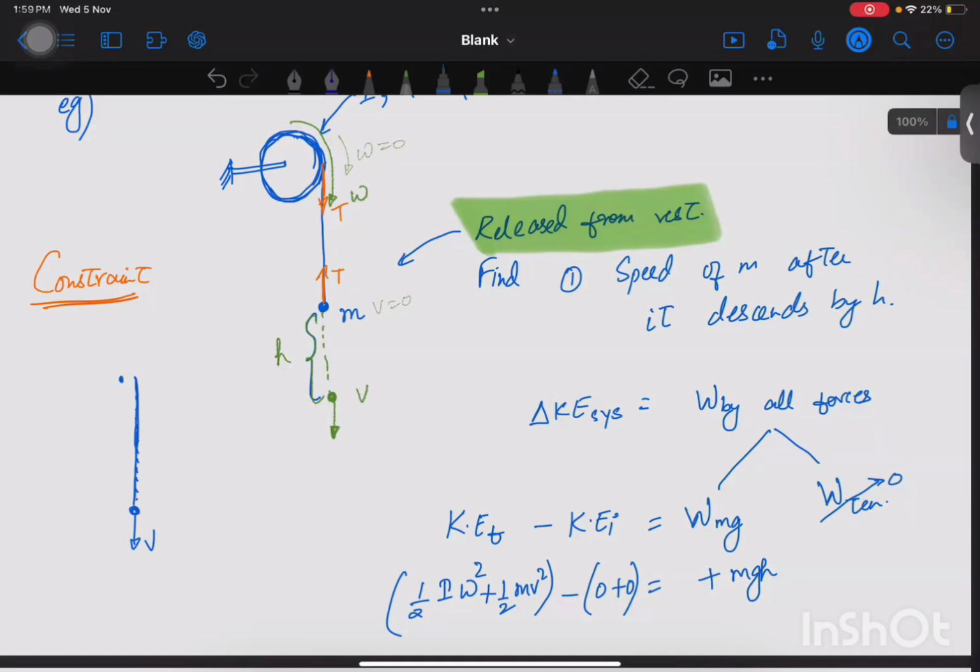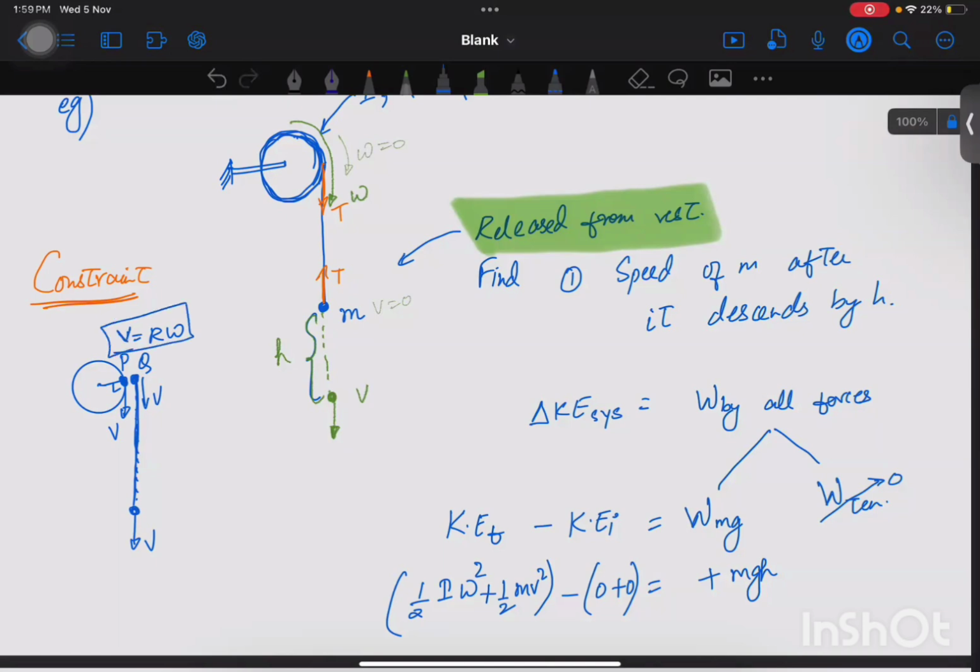And this point over here, which is connected to the pulley, must also have the same velocity of v. Only then there can be no slip between these two points, P and Q. Otherwise, there will be slip between the string and the pulley here. But we know that the point P on the pulley has a velocity of how much? R times omega. This is the v of the point P.